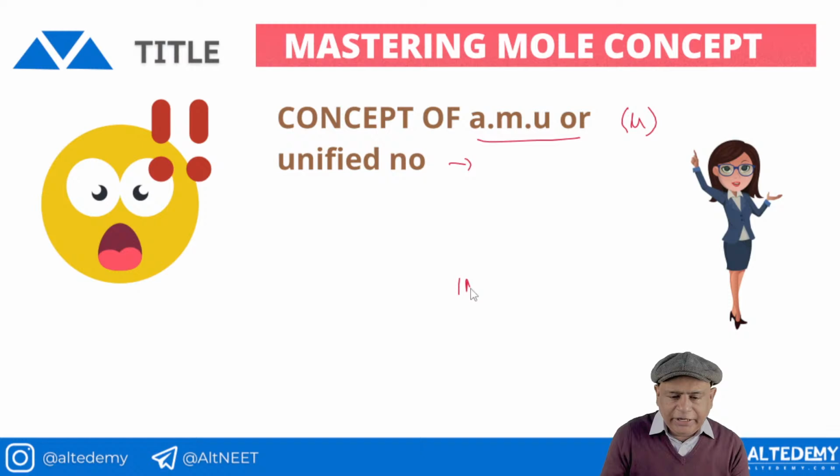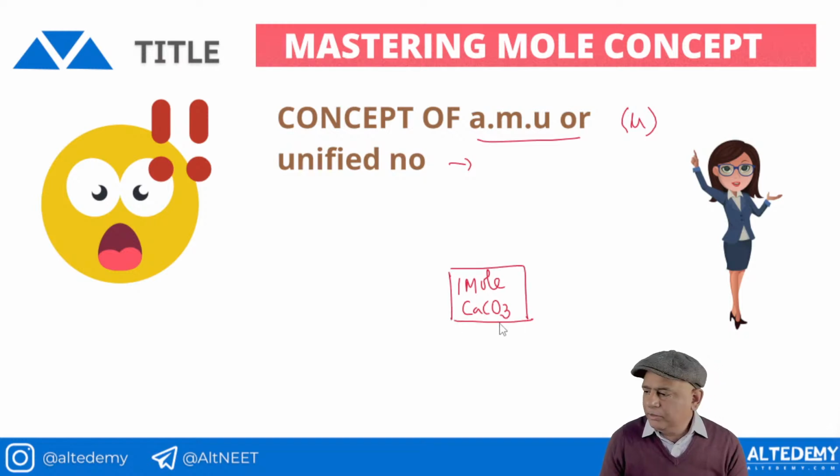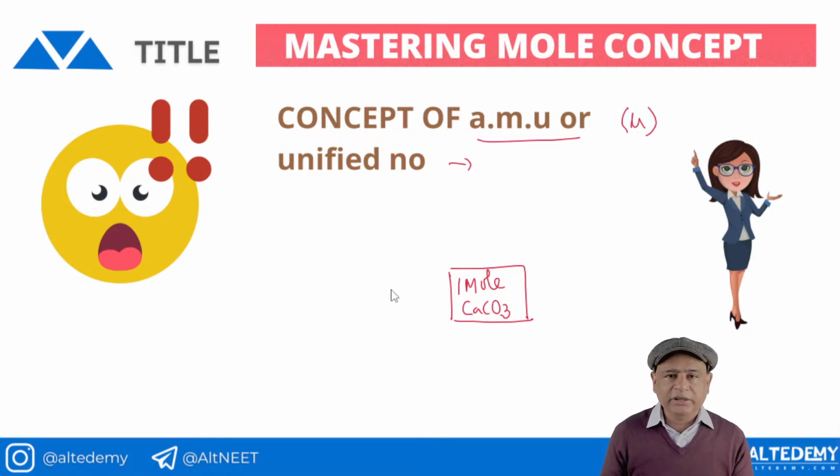Suppose I took 1 mole of calcium carbonate. Now, as I told you, if I am taking 1 mole of calcium carbonate, there are 3 things which are connected. First is the weight.